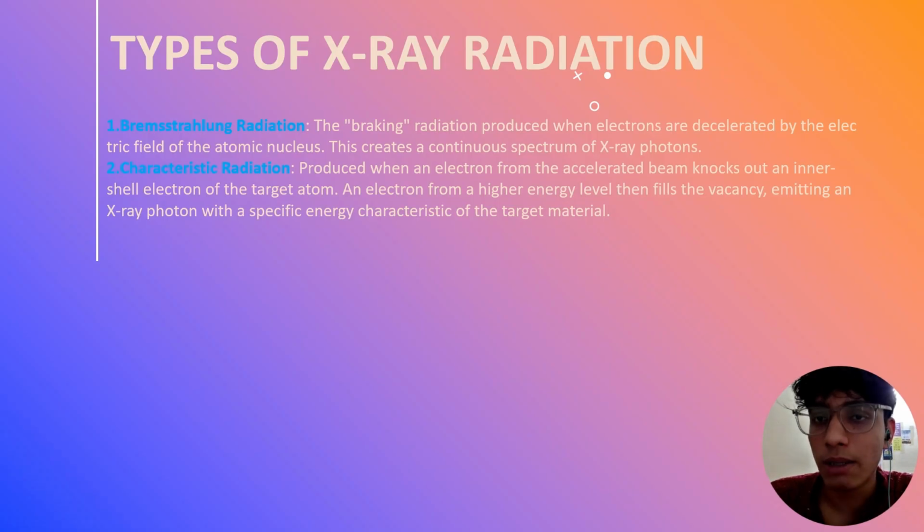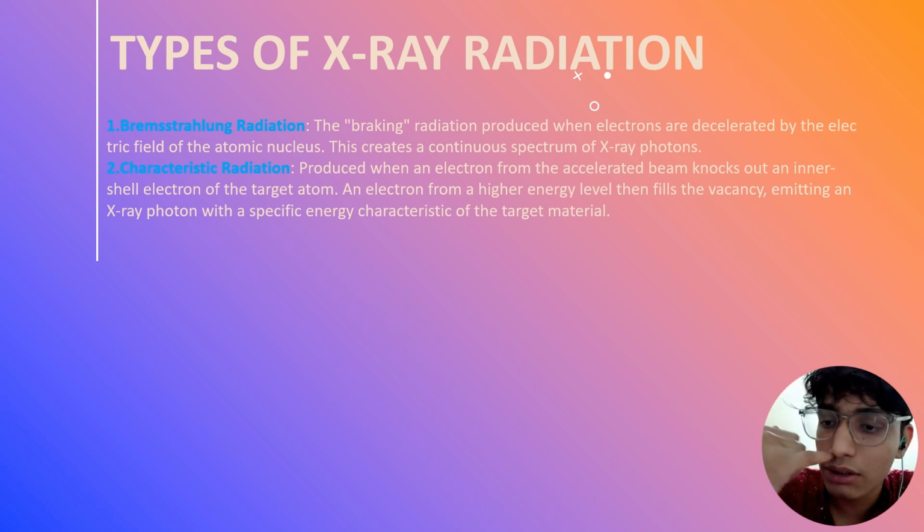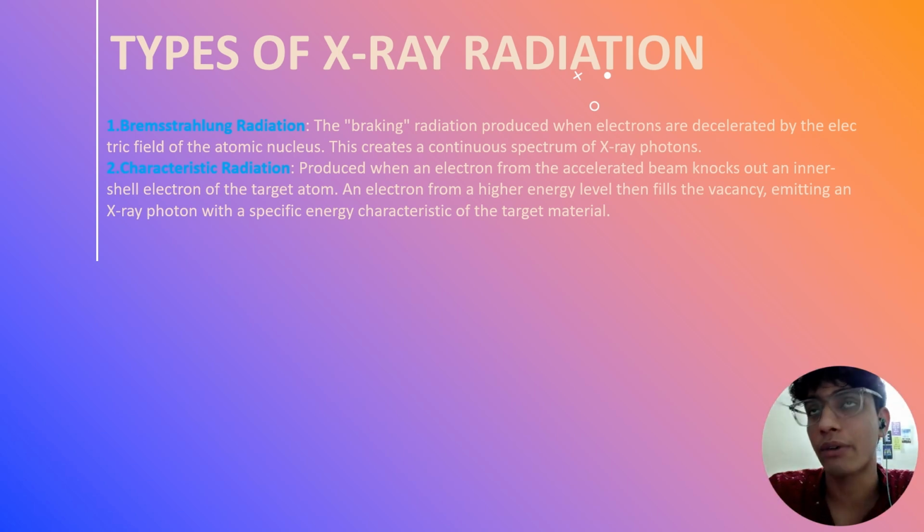So we will discuss the types of X-ray radiation after the acceleration of electrons inside the tube and hitting the target atom: Bremsstrahlung radiation and characteristic radiation.